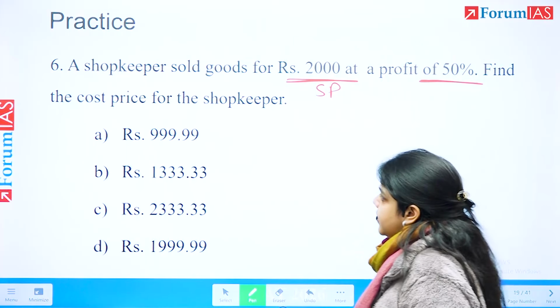So, plus it is a 50% profit for 2000. So, 1333. I hope we had the right answer. B, 1333. Anyone did not get that answer? Sabko aa gaya?